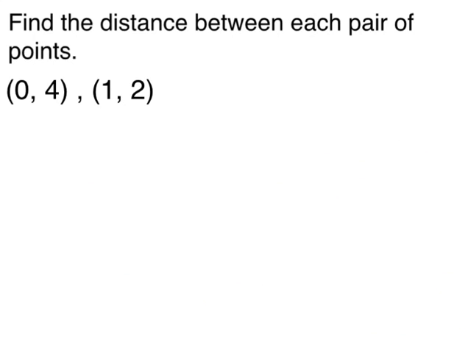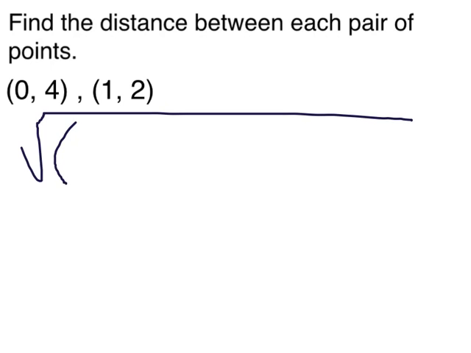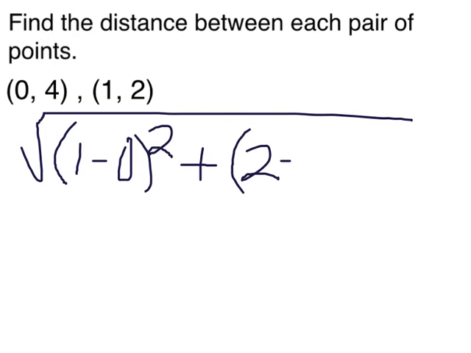Okay, here's the distance. Find the distance between each pair of points. So we're just going to follow the formula. We're going to do square root of, and we're going to do x2 minus x1, so that'll be 1 minus 0 squared plus 2 minus 4 squared.